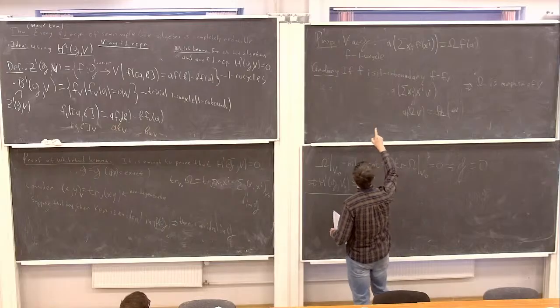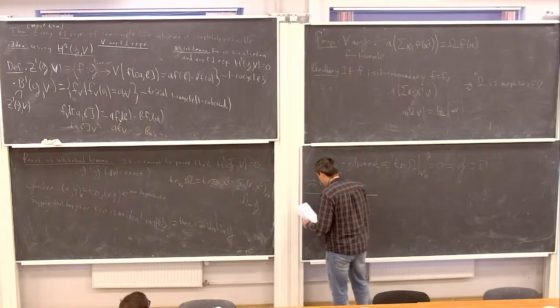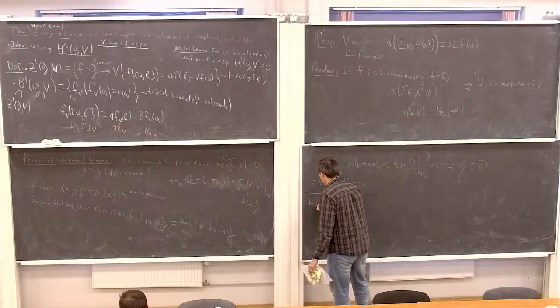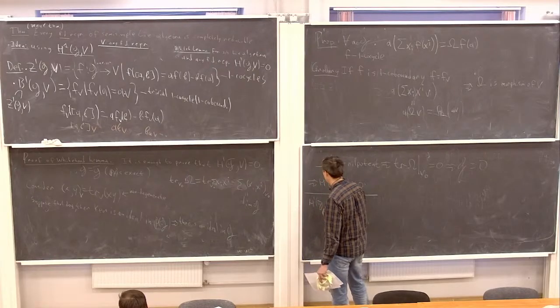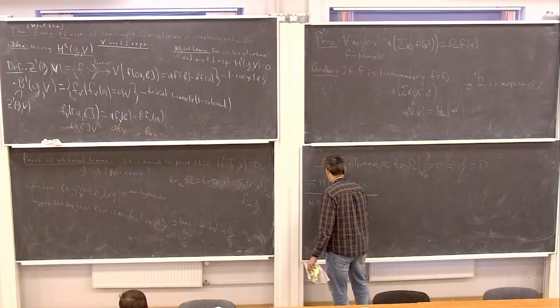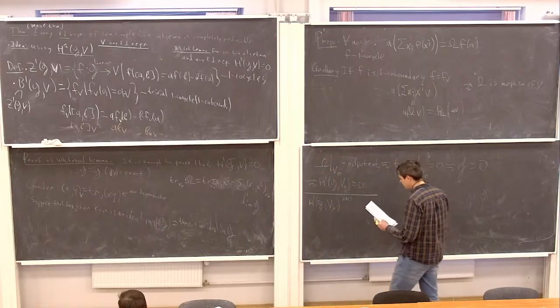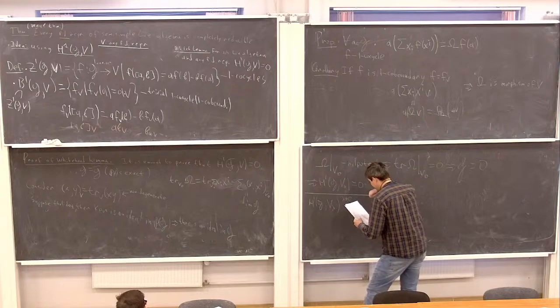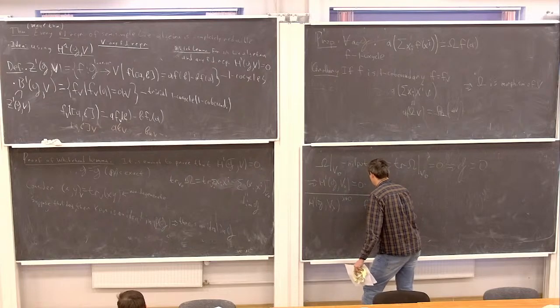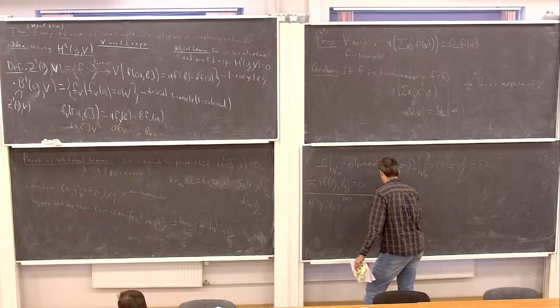So we have this lemma. Let's consider H1 of G with coefficients in V lambda, where lambda is not equal to 0. Consider a one-cocycle f from G to V lambda.